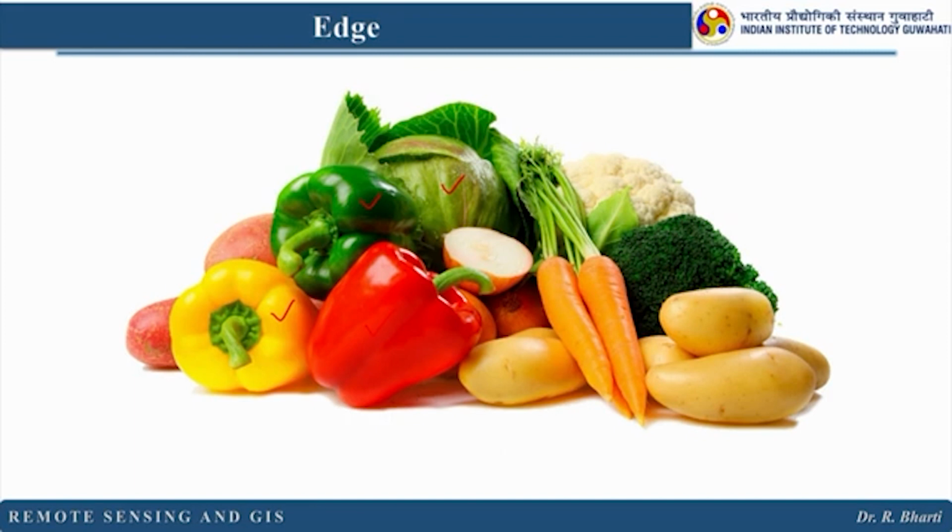Why? Because we have the edges. So we can easily find out this is the edge between these two, this is the edge between these two, right? Because of the change in the intensity and color and texture, there are many parameters, surface orientation. Everything is involved together, and then we are able to see these edges. So this is a very good example to understand what we mean by edge, right?